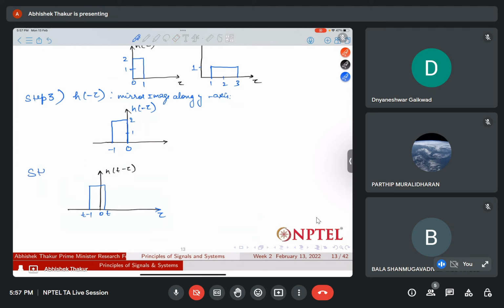Step 3 is known as folding, just a mirror image along the y-axis, and step 4 is just the shifting by t.